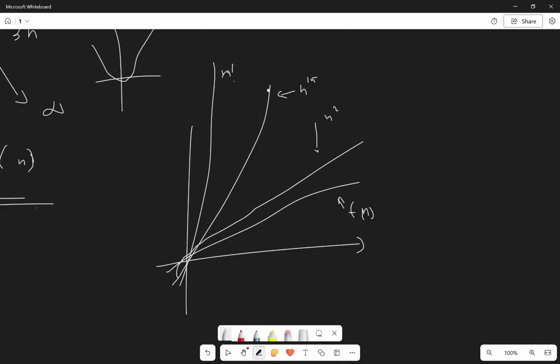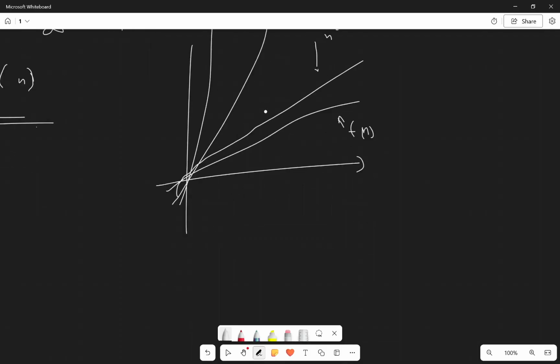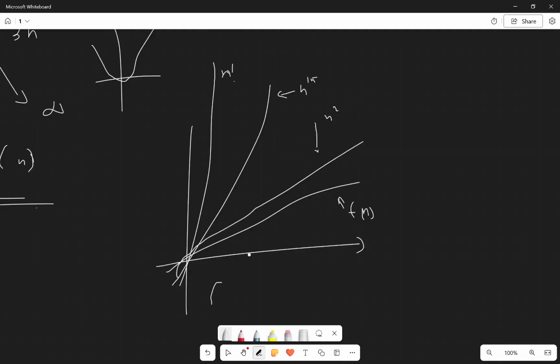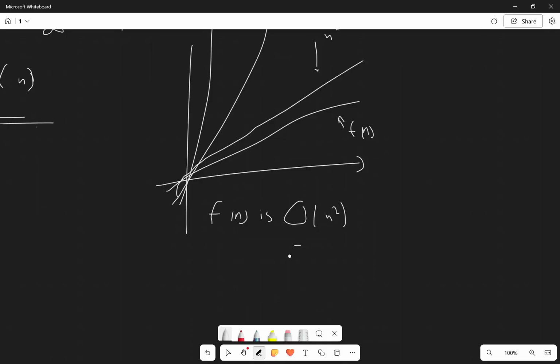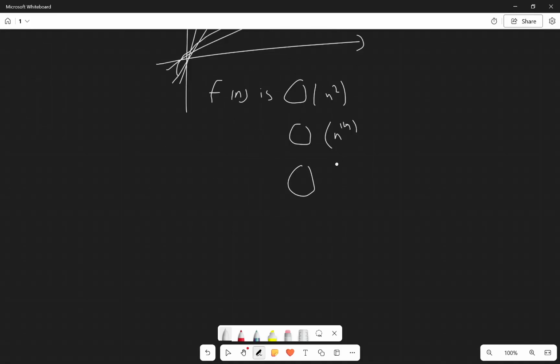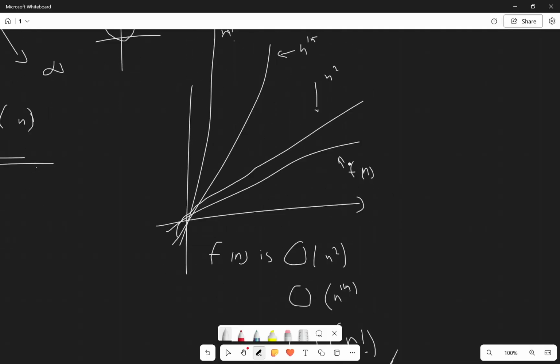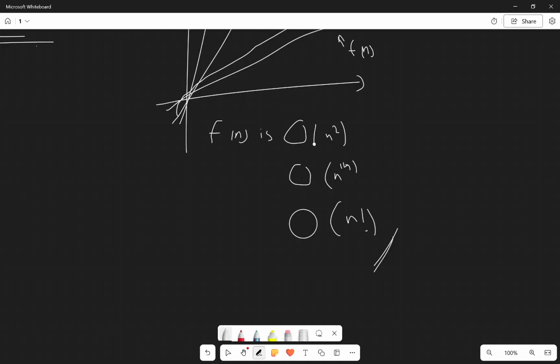These are a bunch of upper boundaries, and it's correct if I say f(n) is big O of n squared, and I can say it's big O of n to the power 15, and I can say big O of n factorial. All these three are correct. Any function that stays above f(n) can be used as an upper boundary. Therefore, you can use big O notation with it.